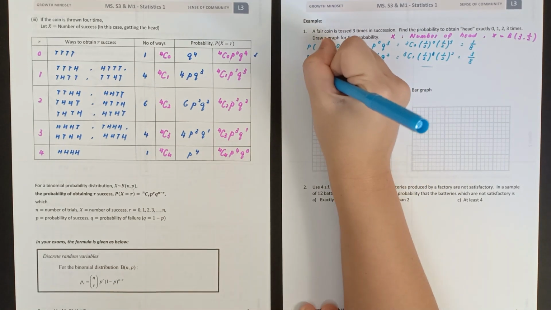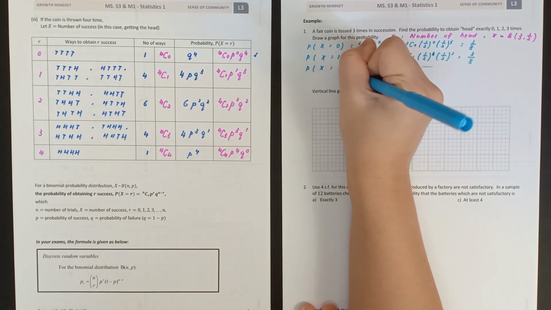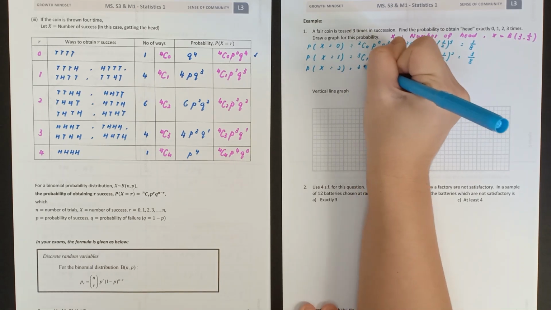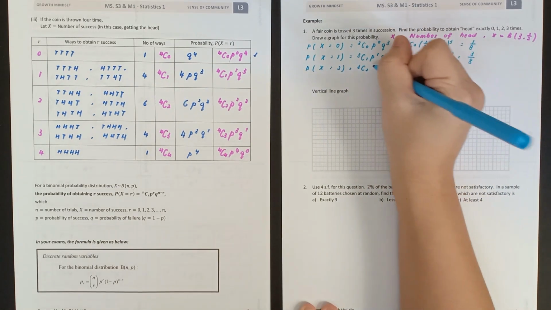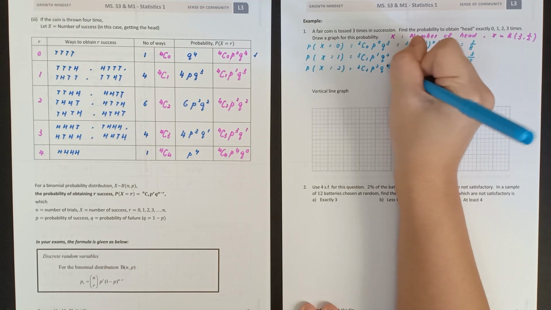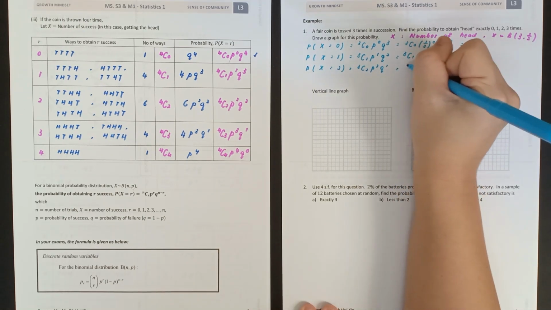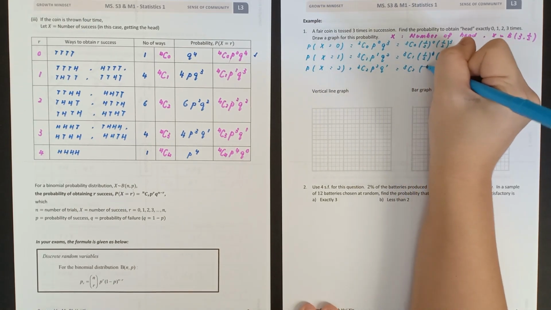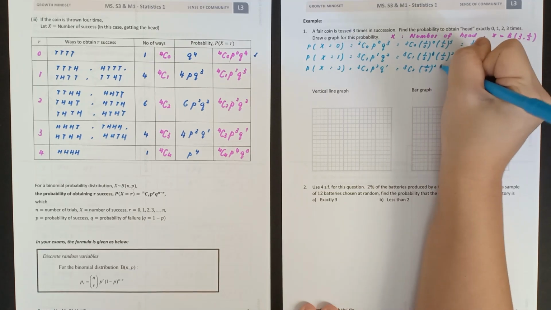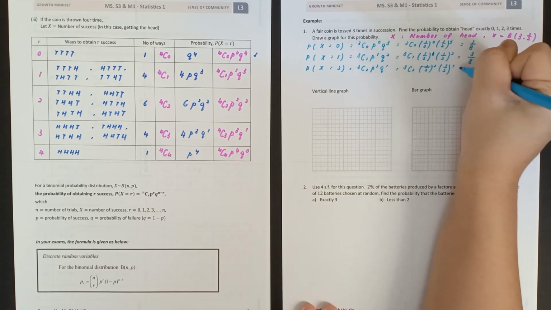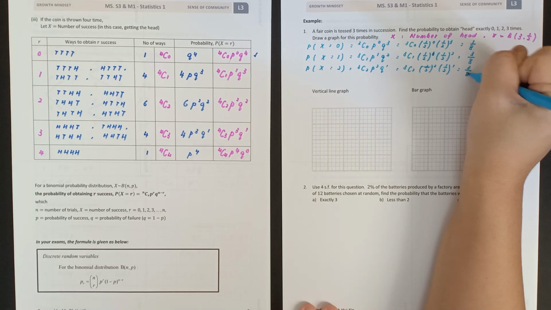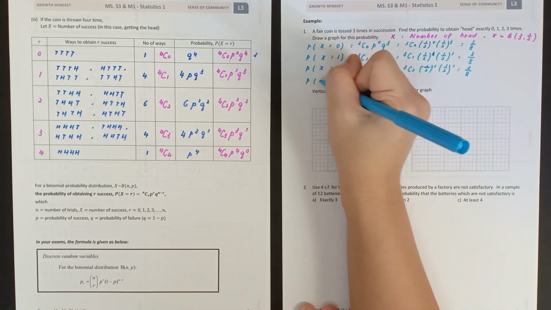Okay, so the probability of the number of heads equals to 2 will be 3C2, then you put p power 2 and q power 1. So 3C2, 1 over 2 power 2, 1 over 2 power 1, equals 3 over 8 also. Let's move on to the last one.